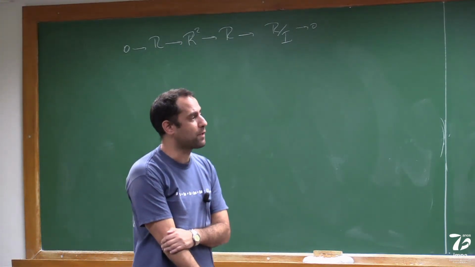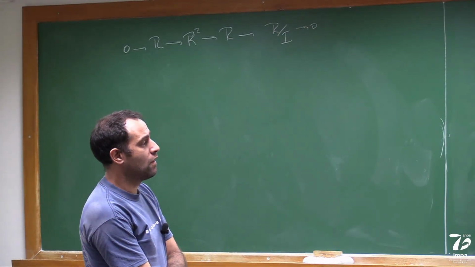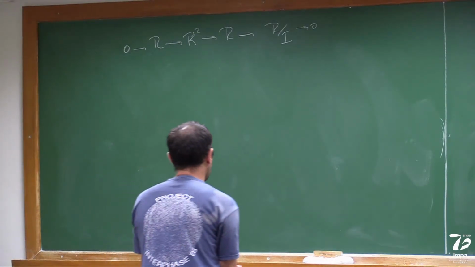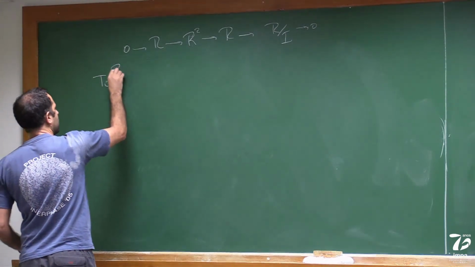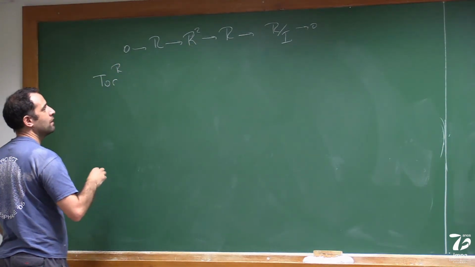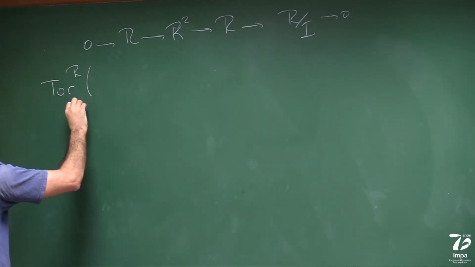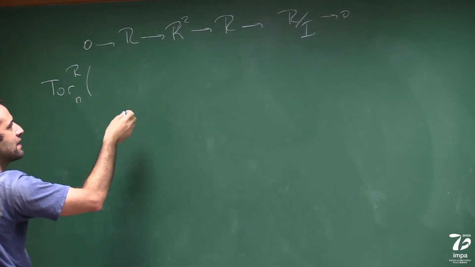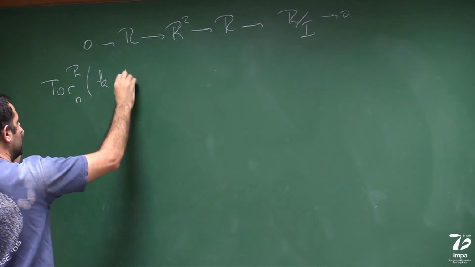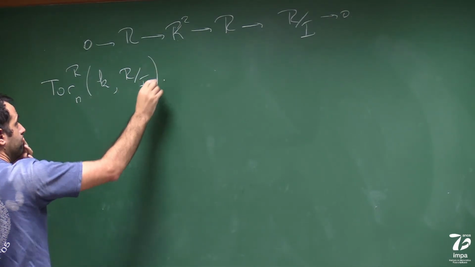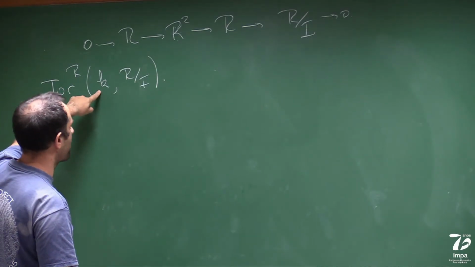And what I'm going to do is just take Tor over R of this thing with I, or even with k. So you can do this, or you can just take the tensor product with I.